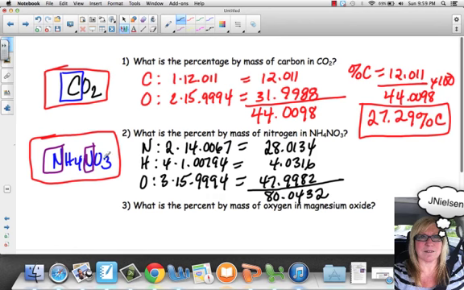So remember, it's my part. So percent N, I have two of them. That's my part. So the 28.0134 divided by 80.0432 times 100.